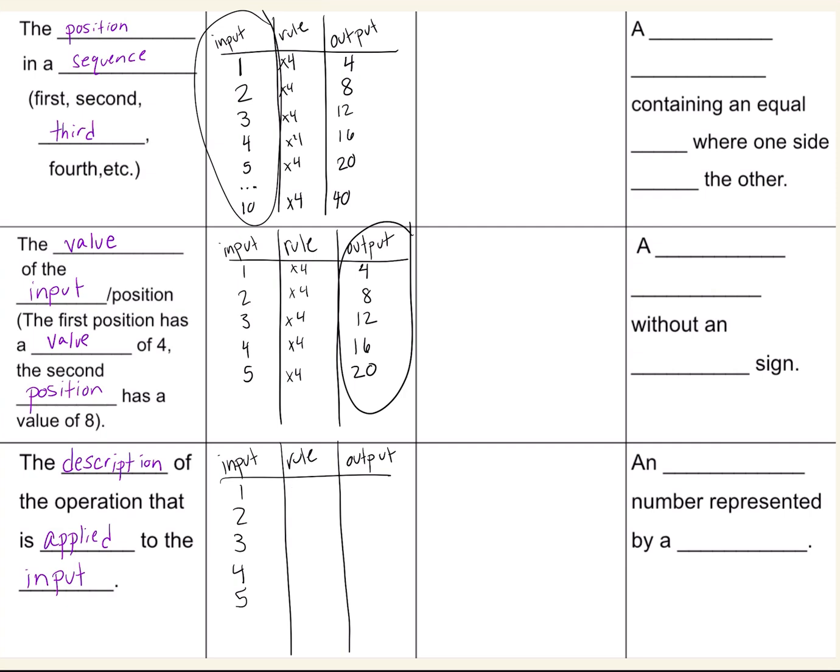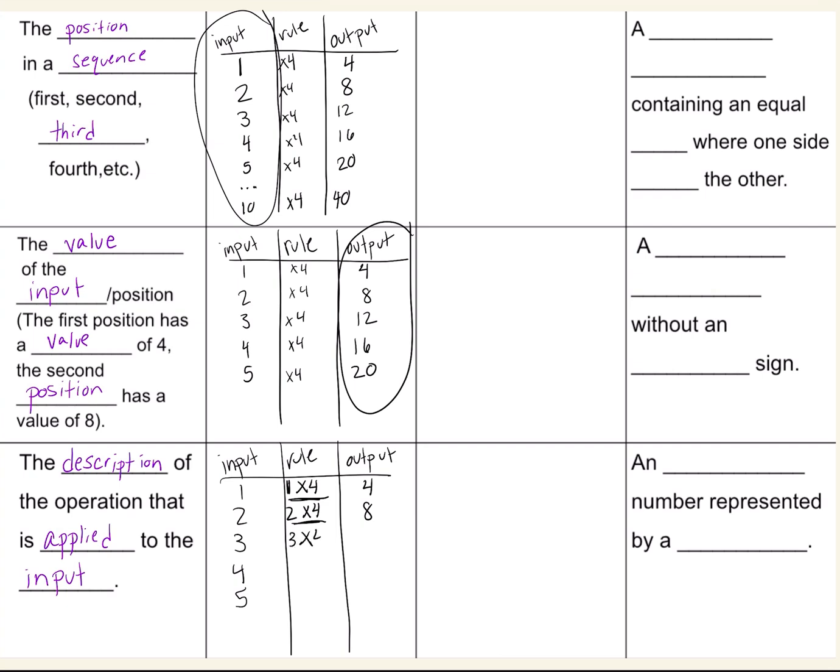I know up here I just wrote times 4. Now I'm going to show you what is actually happening. In this first rule, we took our input and applied our times 4, which gave us our output. On this next one, we took our input, applied our rule, and it gave us our output.